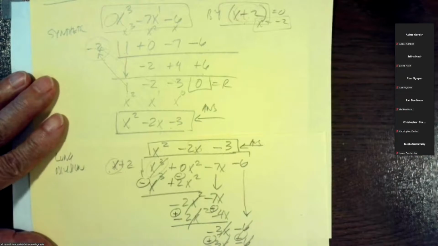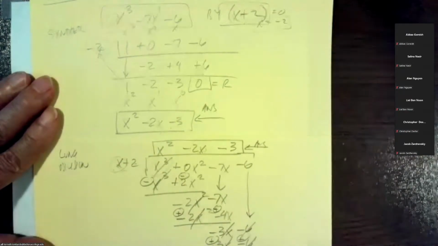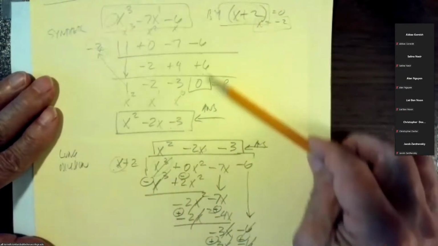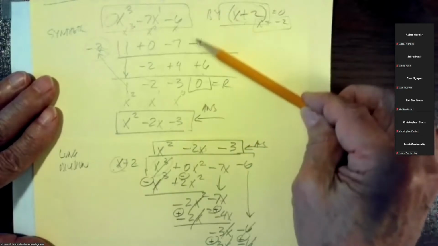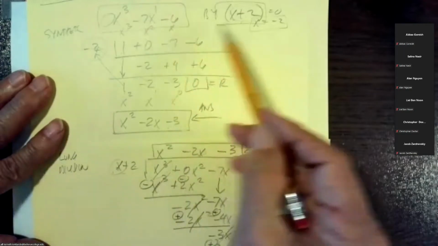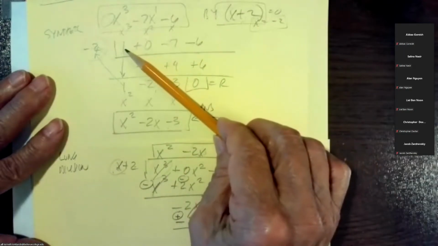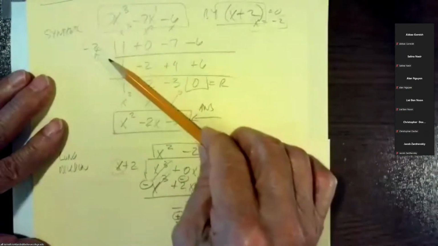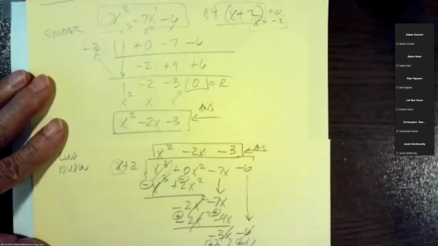You're going to be asked to know both methods, but when synthetic division was introduced, the idea was that this makes long division easier. This makes the division of a trinomial by a binomial easier. We're taking just the coefficients and doing this method of division rather than having to go through the multiplying of all these exponents and keeping track of all the exponents.